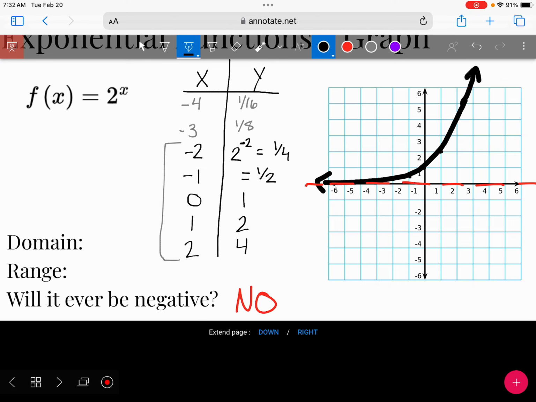Could I keep going? What's the smallest it can go? Infinity. I can go all the way to negative infinity. How about my biggest x value? Infinity. So this has a domain of all real numbers, or from negative infinity to positive infinity.